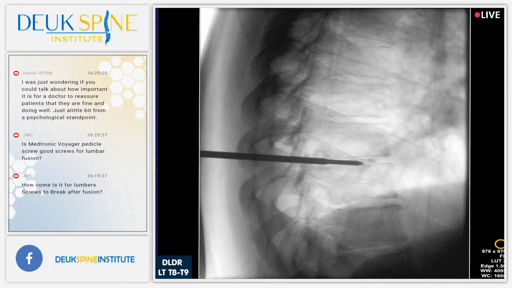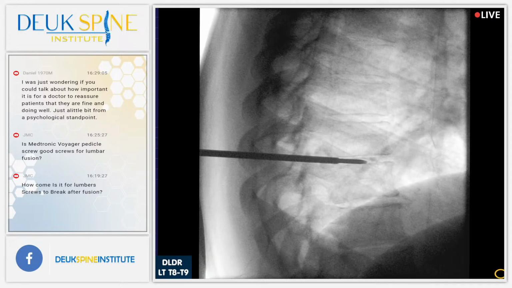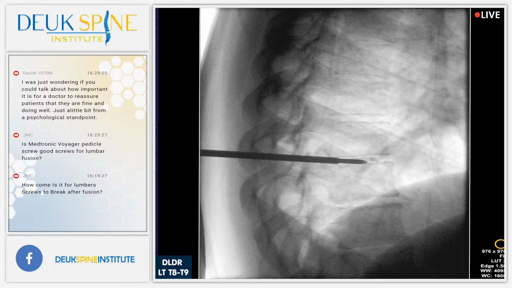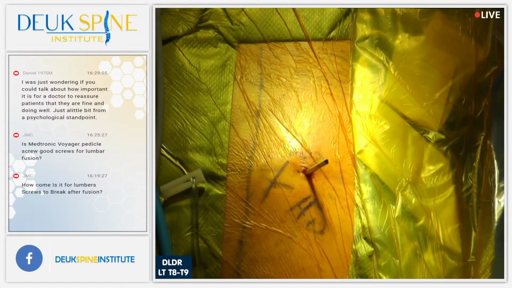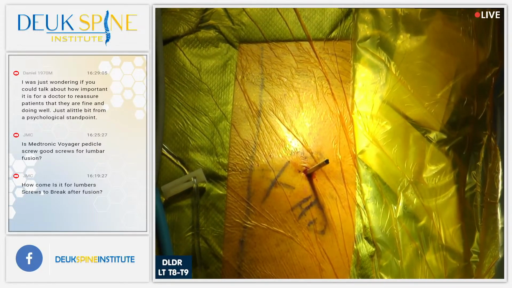We got to go a little further in. All right, we are now into the annular tear, right where the herniation is starting. We're done with placement. So we're good. Take one more picture. There it is. So you can see the tube. We're going to do the whole surgery through that little tube.